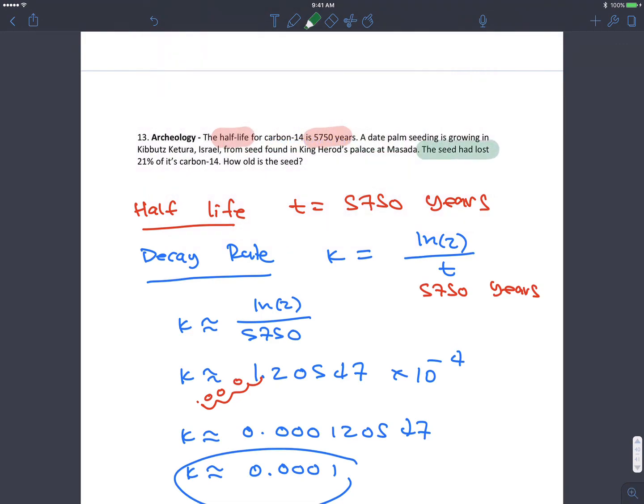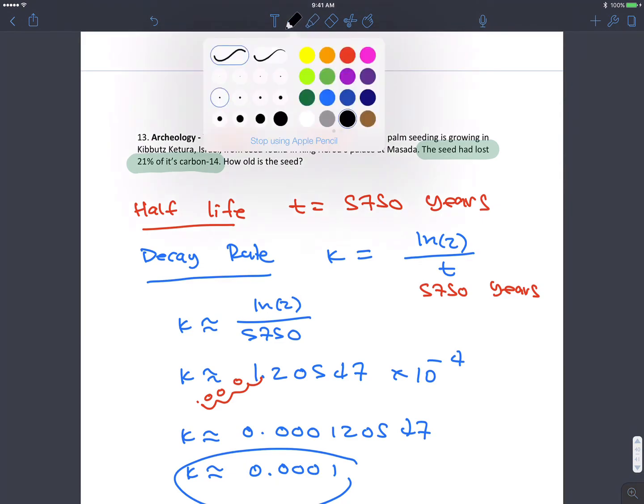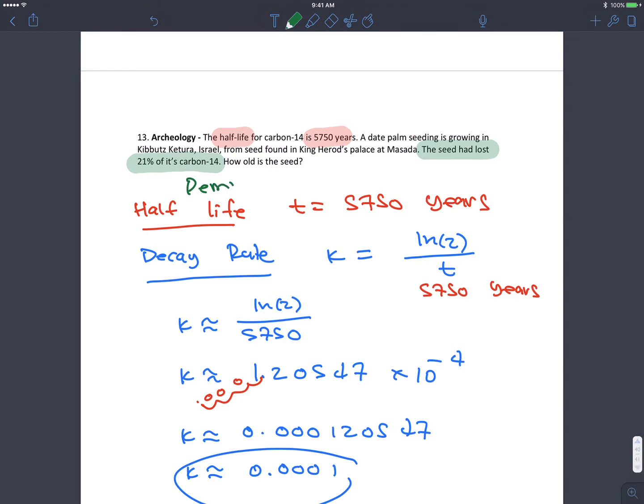The seed has lost 21% of its carbon-14. If you lost 21%, what, again, remains? 100 minus 21% is 79%. This is how much remains. That 79% remains, and that's 79% of the initial amount.